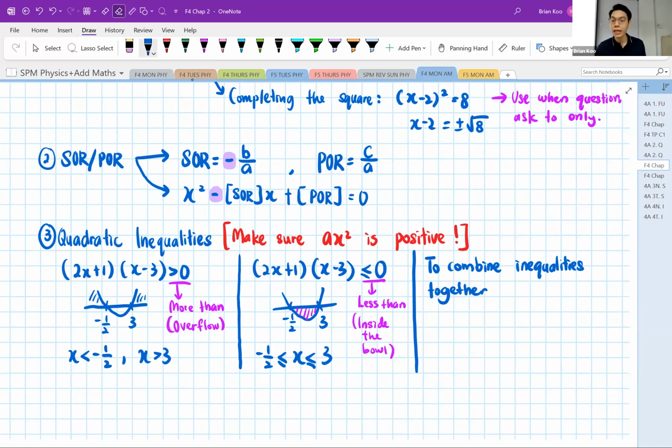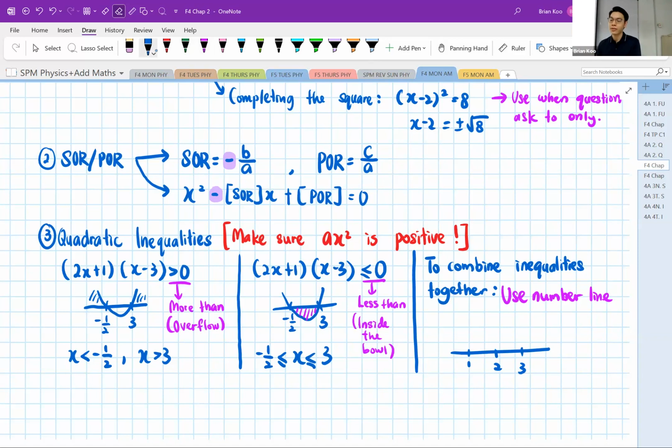To combine inequalities together, we use a number line. See if you still remember this. Sometimes you solve one inequality and then you solve another inequality and then you get different answers. Then if you want to combine the answers, you put all your numbers in a line.